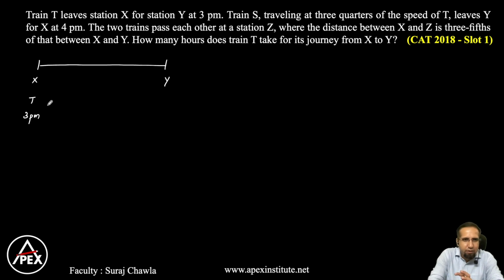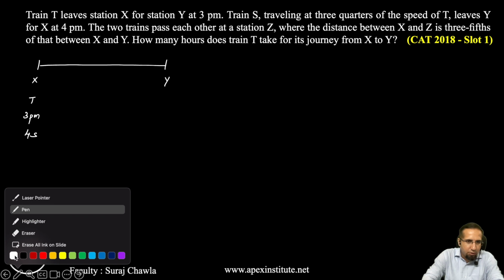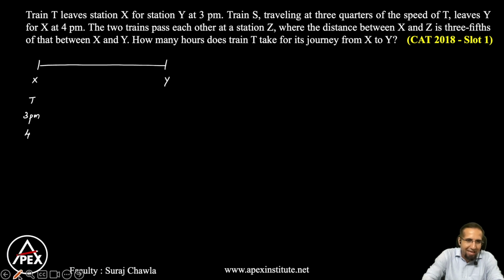So let me assume that the speed of train T is 4k. We cannot take S because that is already mentioned. So what is train S doing? Train S is traveling at 3/4 of the speed, that is 3k, and it started at 4 p.m. This is what is given to us.